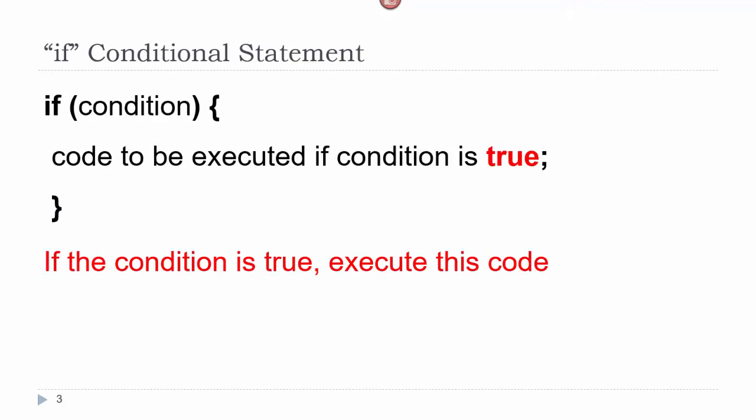Most of you should be familiar with a basic if conditional statement. So here we have an if, a condition inside the parentheses, and an opening and closing curly brace. If the condition is true, the code to be executed inside the braces will be executed.